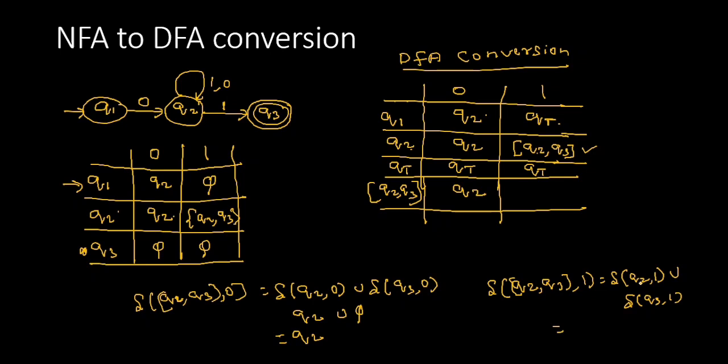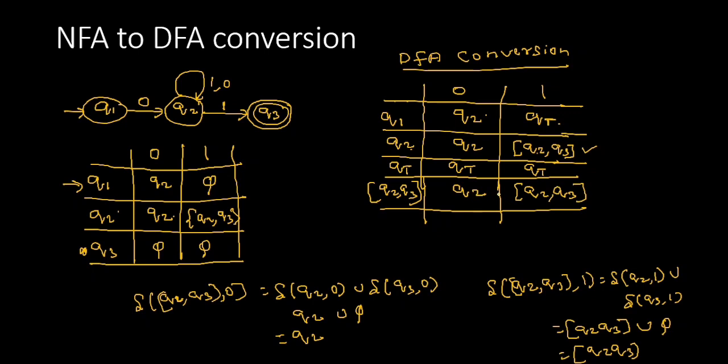So Q2 comma 1 will be resulting in the answer called as Q2 Q3 union of, in Q3 when 1 is applied, it results in an answer called as phi. So you get the answer called as Q2 Q3. So now in Q2 Q3 when 1 is applied, we get Q2 comma Q3.